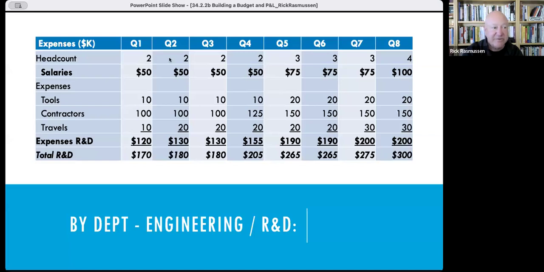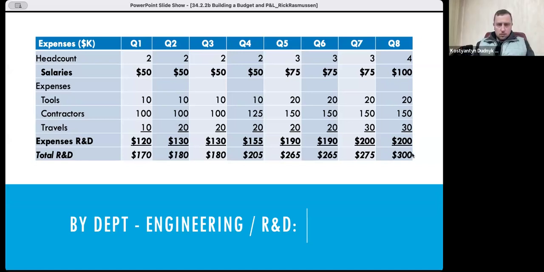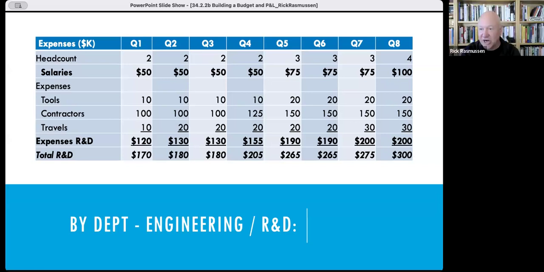So I need just a few peeps, small. I'm going to pay them $25,000 a quarter, US salary. I'm going to buy some tools. I'm going to hire my contractors, wherever they may happen to be. I'm going to get my travel going, and off we go. So I have salaries. I have my expenses, and that's my total. It's not that hard. That's engineering.